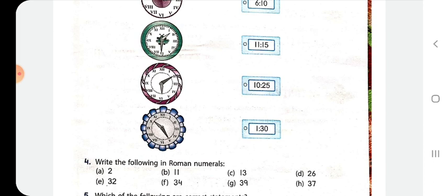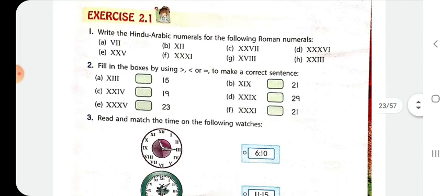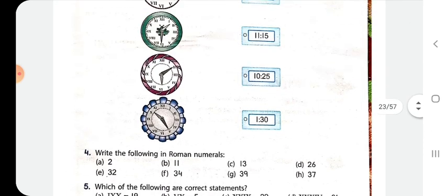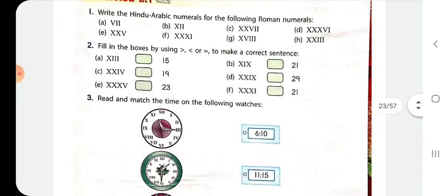And the second thing, some parts we have done here and some parts are left, and those parts which we have not done, you have to complete properly in your notebook. Do all the remaining parts of sums 1, 2, 3 and 4 of exercise 2.1 in your notebook. Okay, good day.